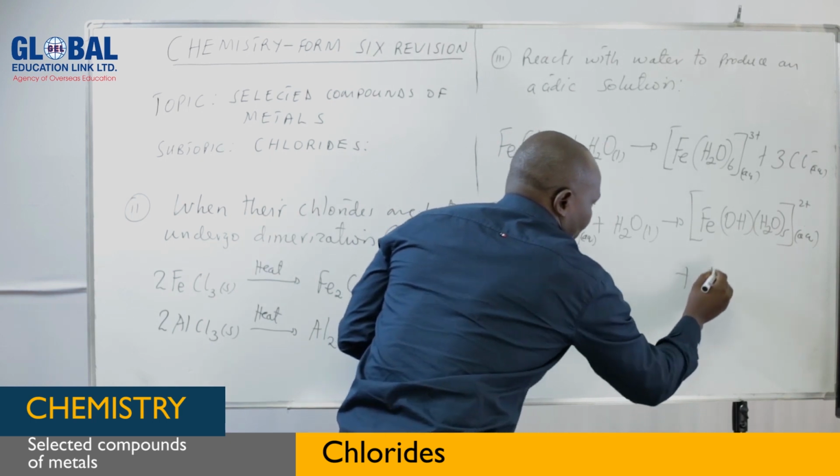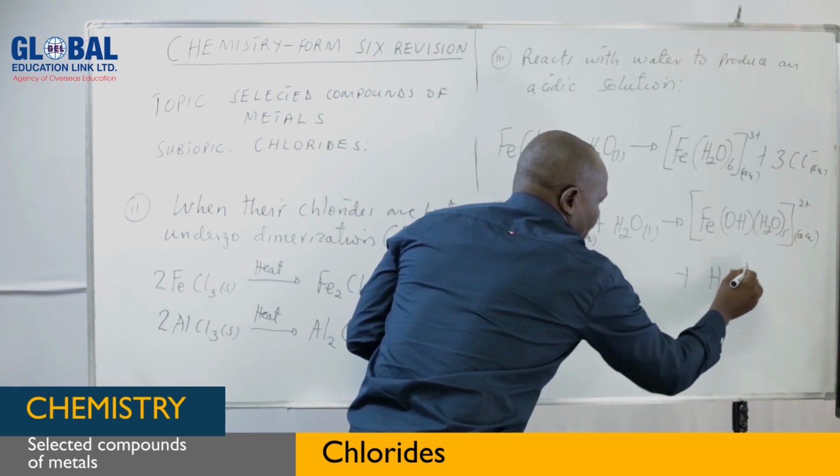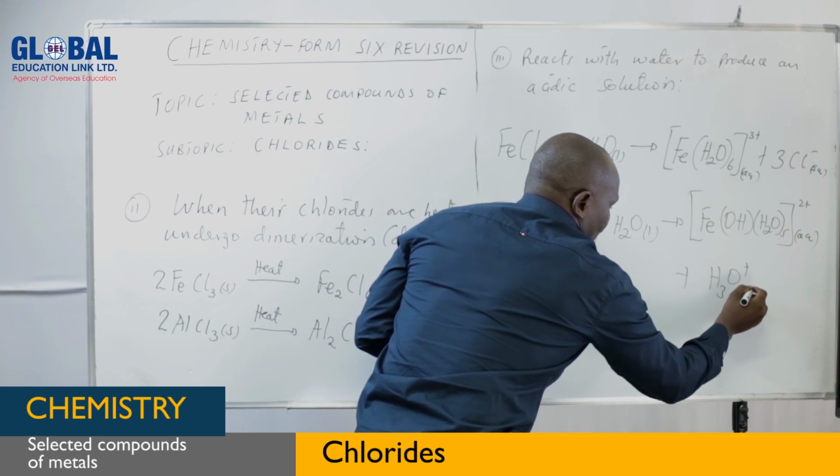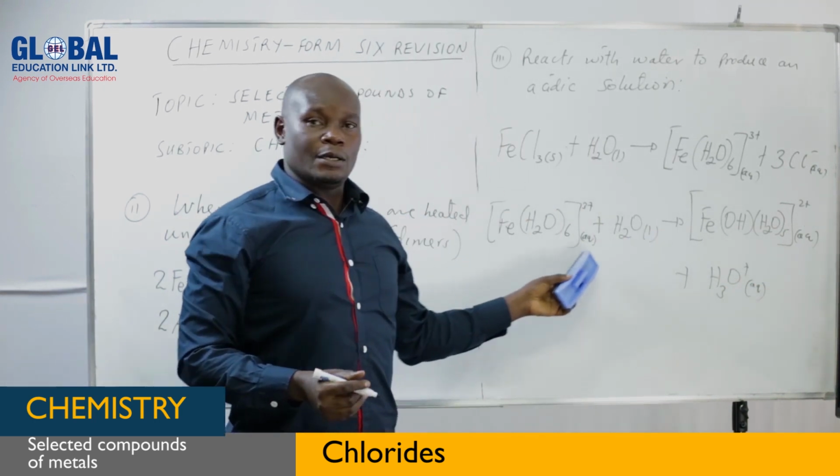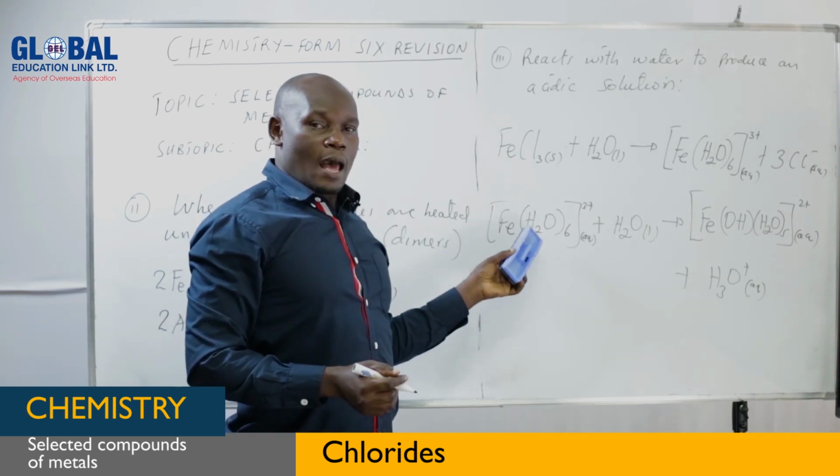The other product is hydroxonium ions, which indicates the acidic property of the chlorides of iron 3.